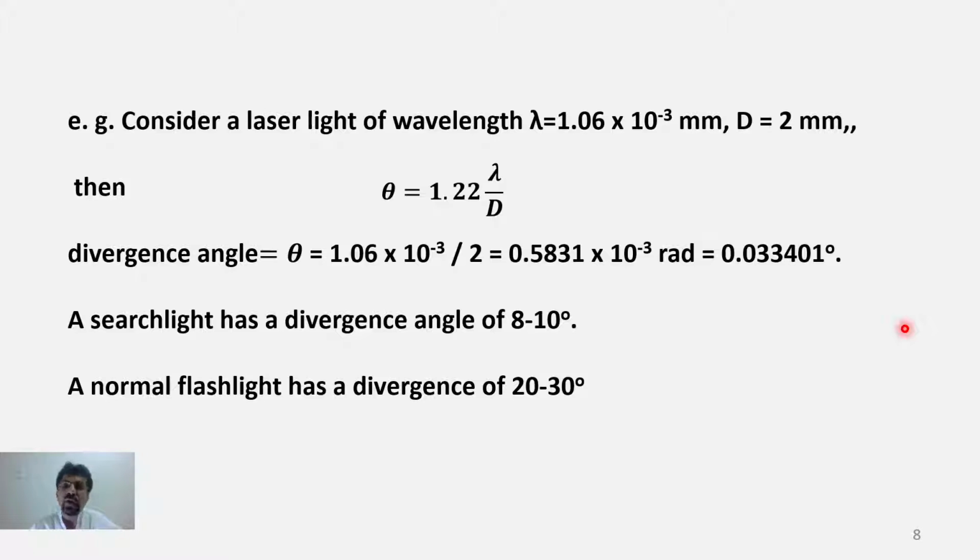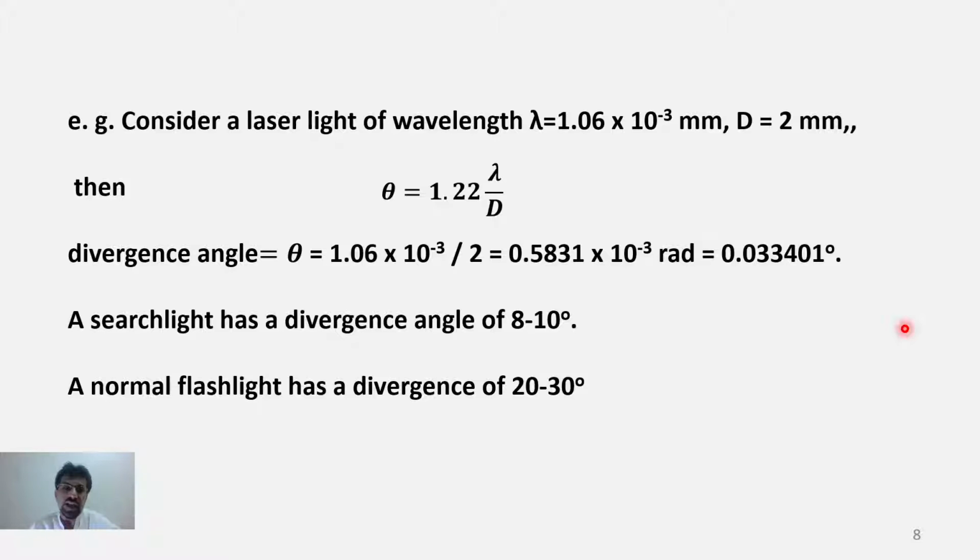If we convert it into degrees, the divergence angle is equal to 0.033 degrees. So we can see here the divergence angle in case of the laser beam is very small.